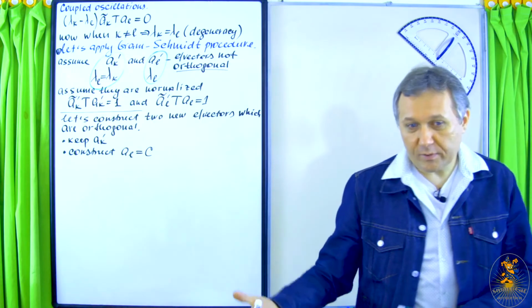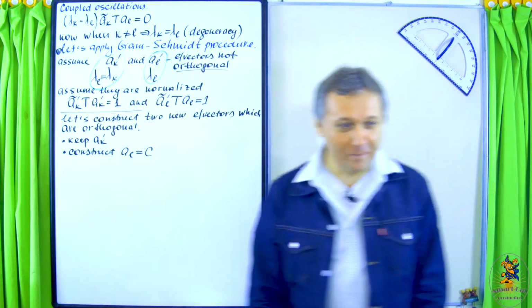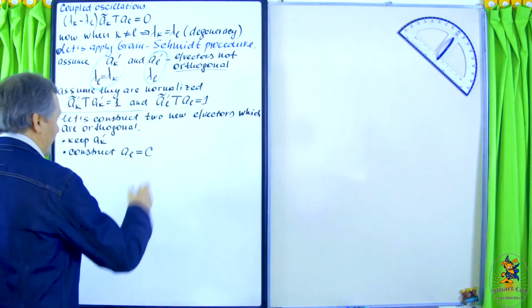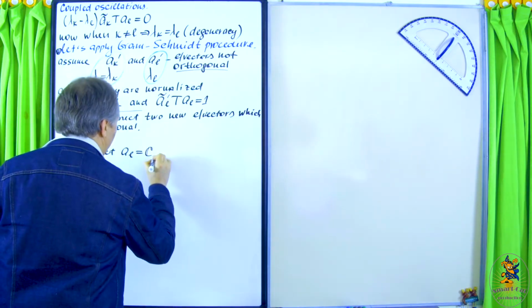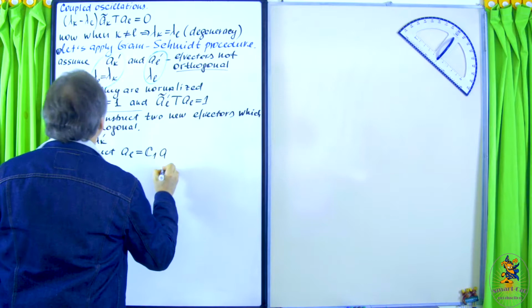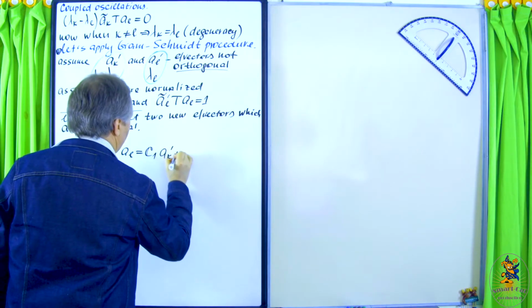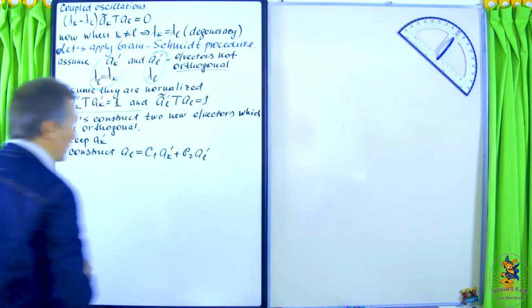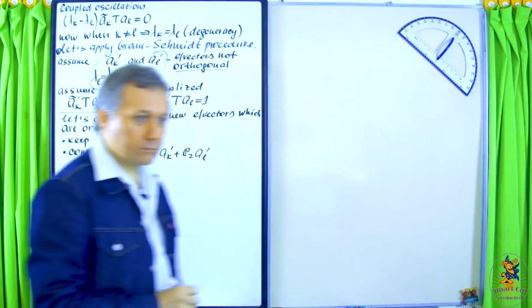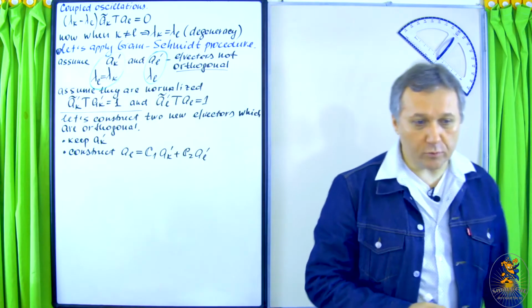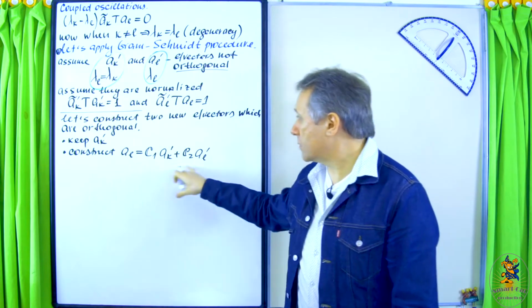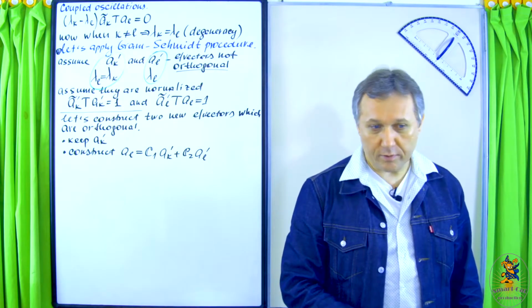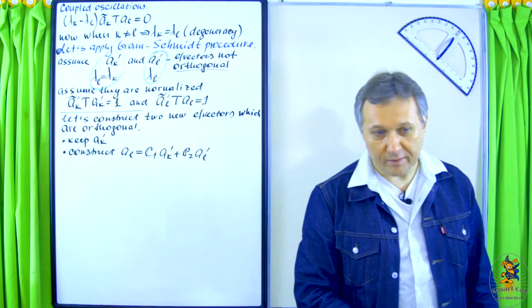So the simplest, let's just construct a linear superposition, right? So it will be C1 a_k prime plus C2 a_l prime. And so now basically we just need to find these constants. We need to properly choose the constants C1 and C2.